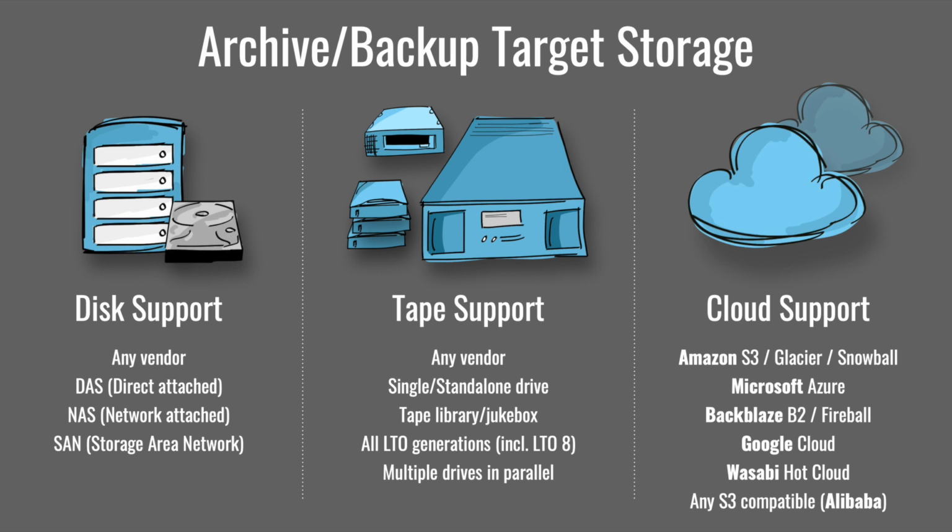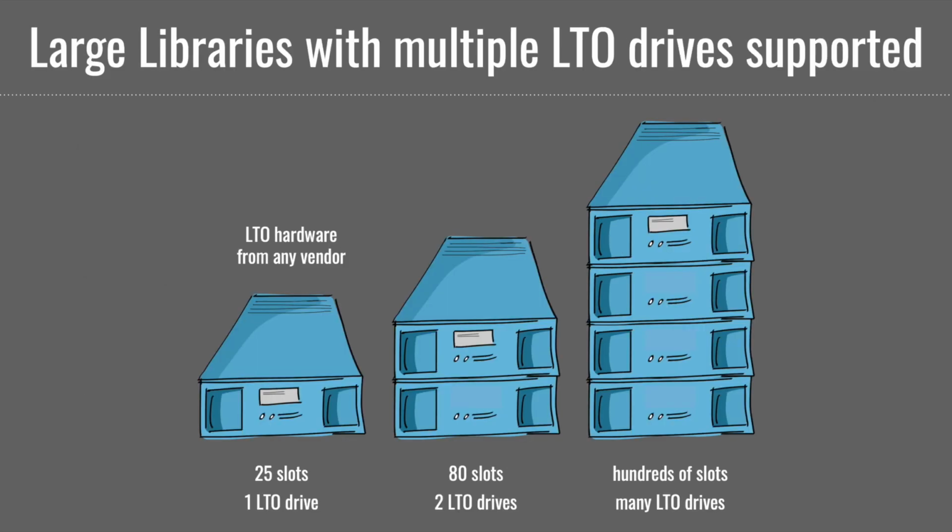They have a Fireball, so that's another device that they can ship you to copy data. We now support in version 6 Google's cloud storage. We support another American vendor, Wasabi. I think they also have European endpoints, and we support any S3 compatible storage as well. So yeah, that includes things like Alibaba, which is like a Chinese storage vendor.